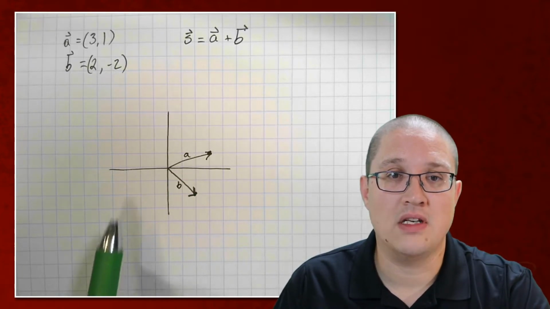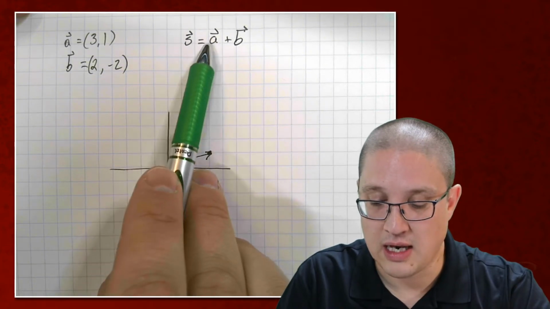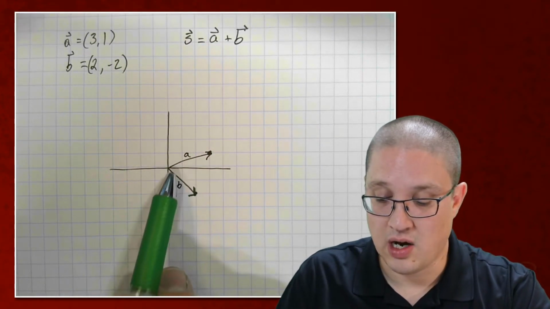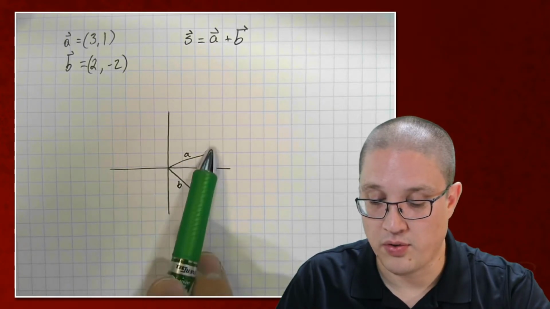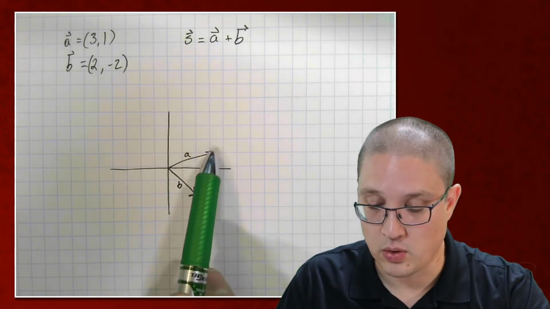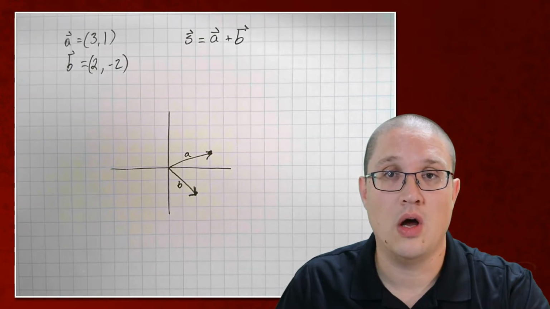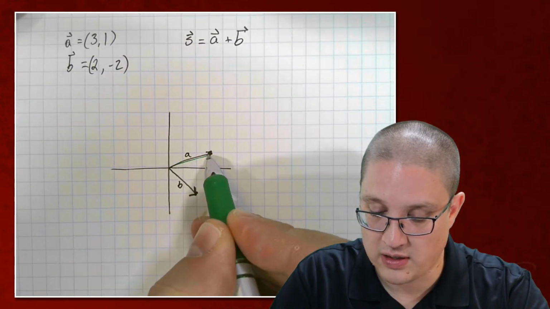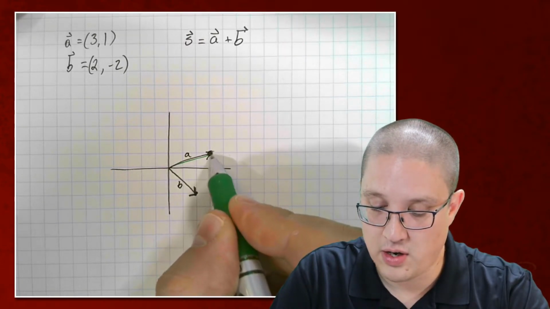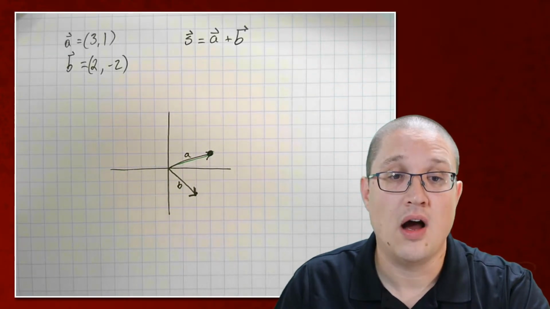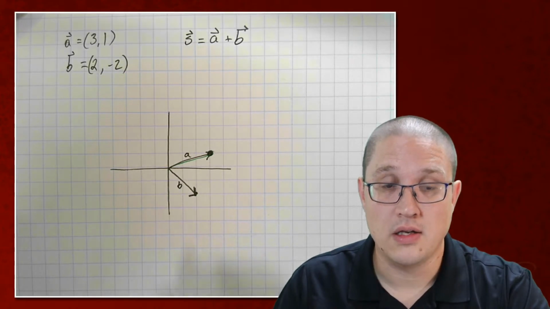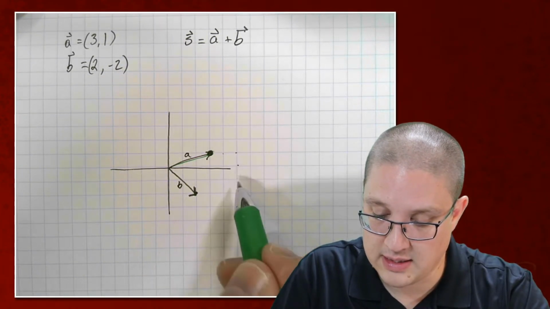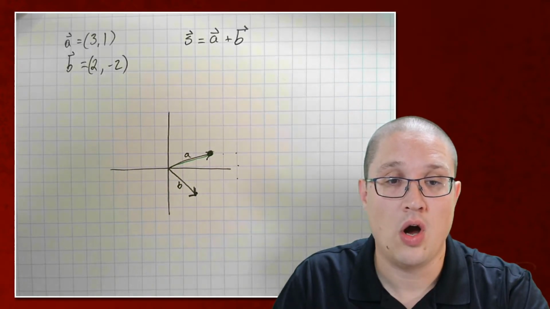If I want to add these vectors together, I need A plus B. What that means is I'm going to go A, so I'm going to go (3, 1), and then I'm going to go B, which is 2 and -2. A way that I can draw this is if I start with A, so I draw vector A, and then starting at the end of vector A, I draw vector B. So vector B is +2 on the x-axis and then -2 on the y-axis.